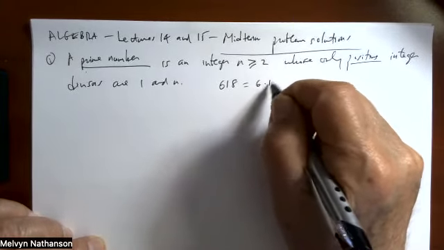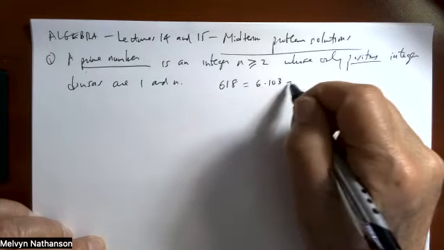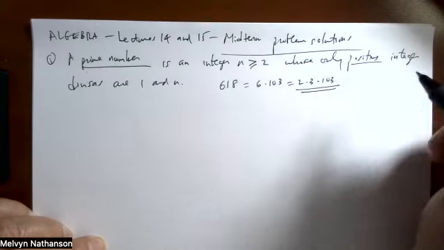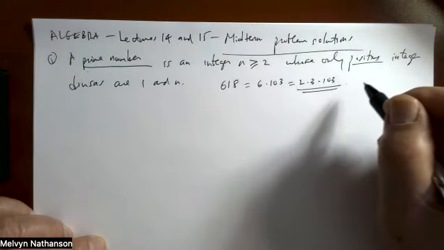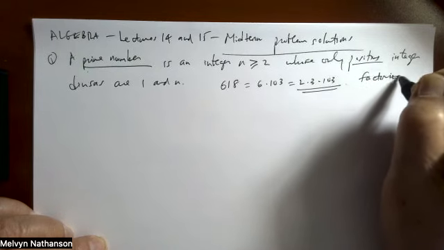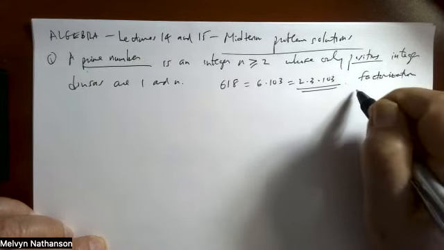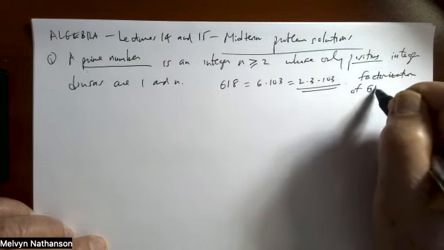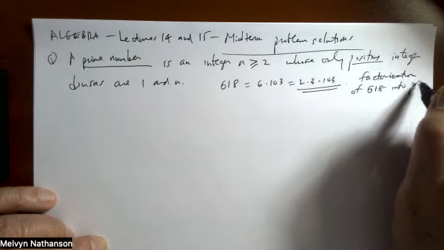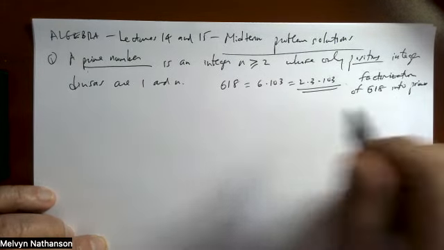This is 6 times 103, and 6 is 2 times 3, and 103 is a prime, 2 is a prime, 3 is a prime. So this is a factorization of 618 into primes.